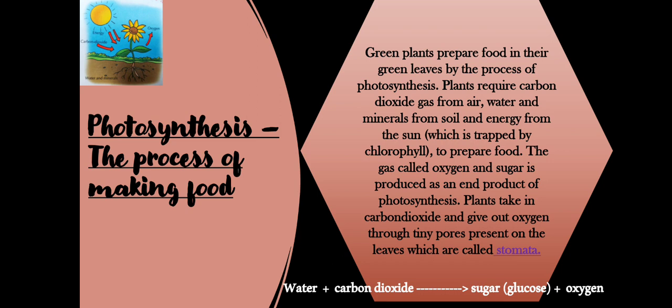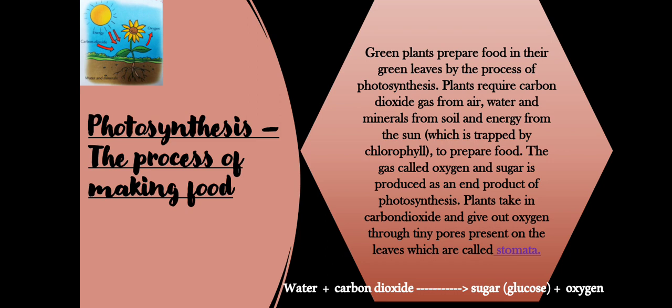As we know, the green color of the plants is due to the presence of the substance chlorophyll. The gas called oxygen and sugar are produced as the end product of photosynthesis. When the process is done, as a result we get sugar in the form of glucose and one gas, that is oxygen.